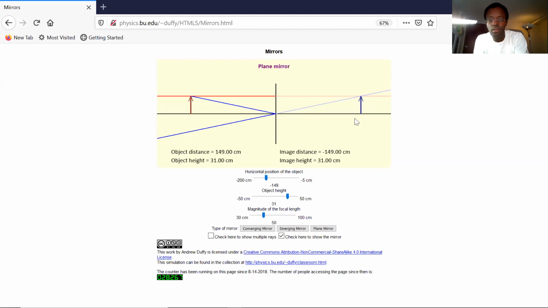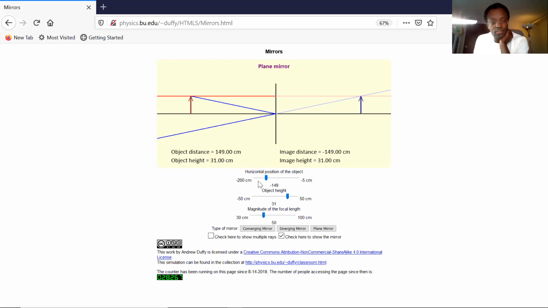All right, and so the object distance is the distance between this red arrow, the object, and the mirror. That's what's called the object distance. Here, it's equal to 149 centimeters. So there's 149 centimeters between this red arrow and the plane mirror in the middle.